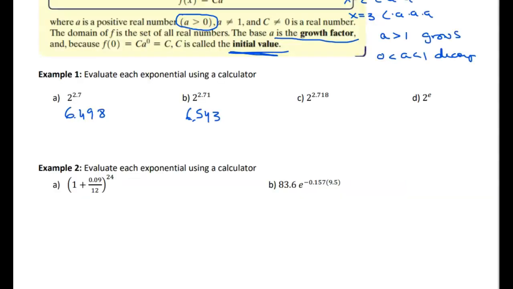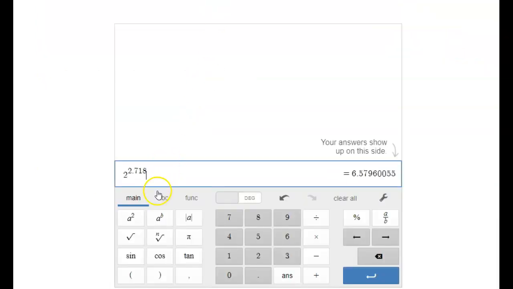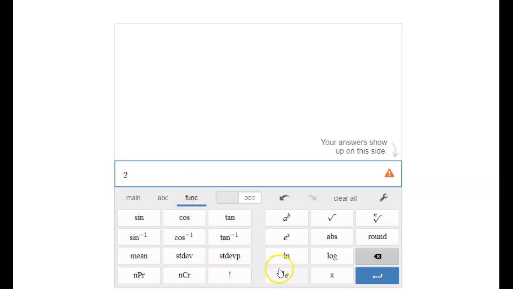Let's round to 2 decimal places. And 2 to the e. So e is this number. We'll talk about it a little bit more. We're going to find this in our functions menu. That gives 6.581.